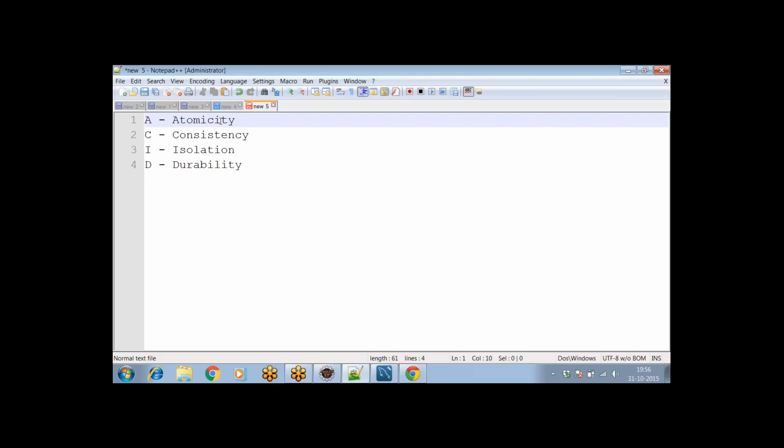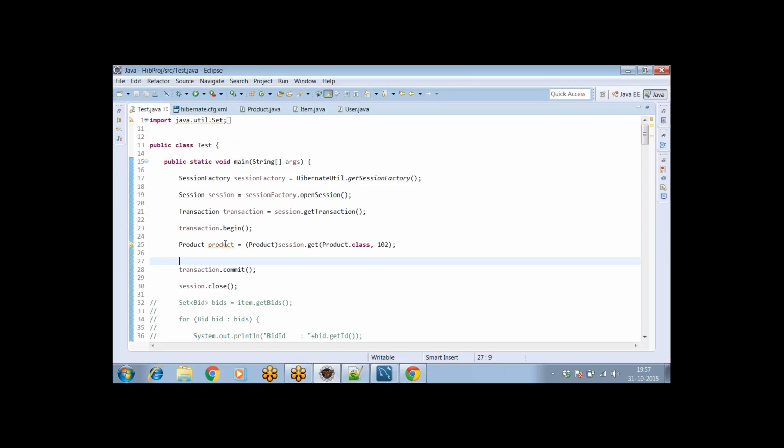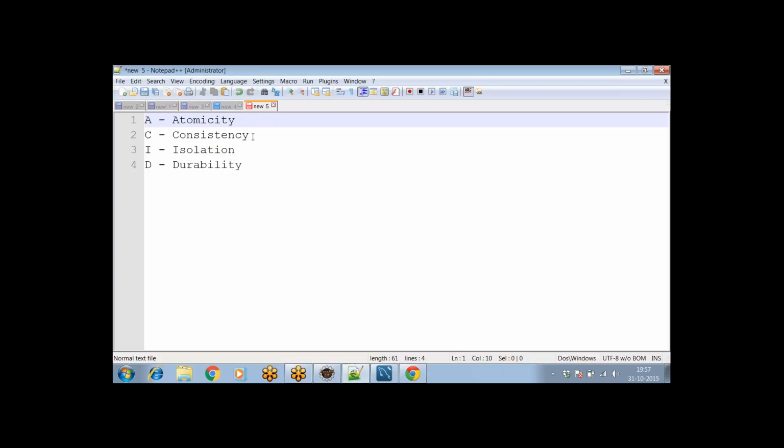We might have heard a theory lot earlier about transactions. Pragmatically, how will you make sure that a transaction has these properties? So first, we'll start with atomicity.